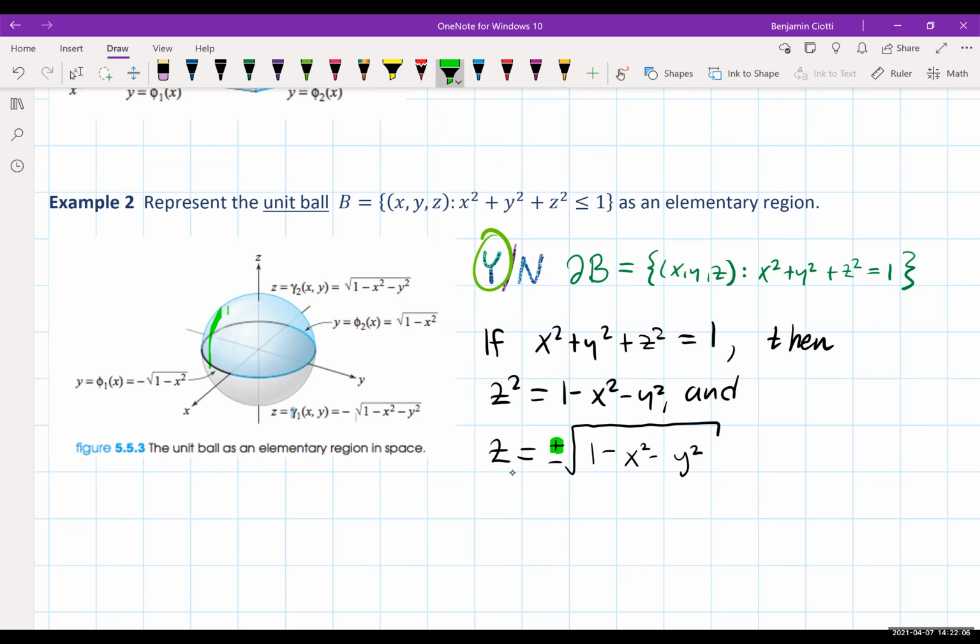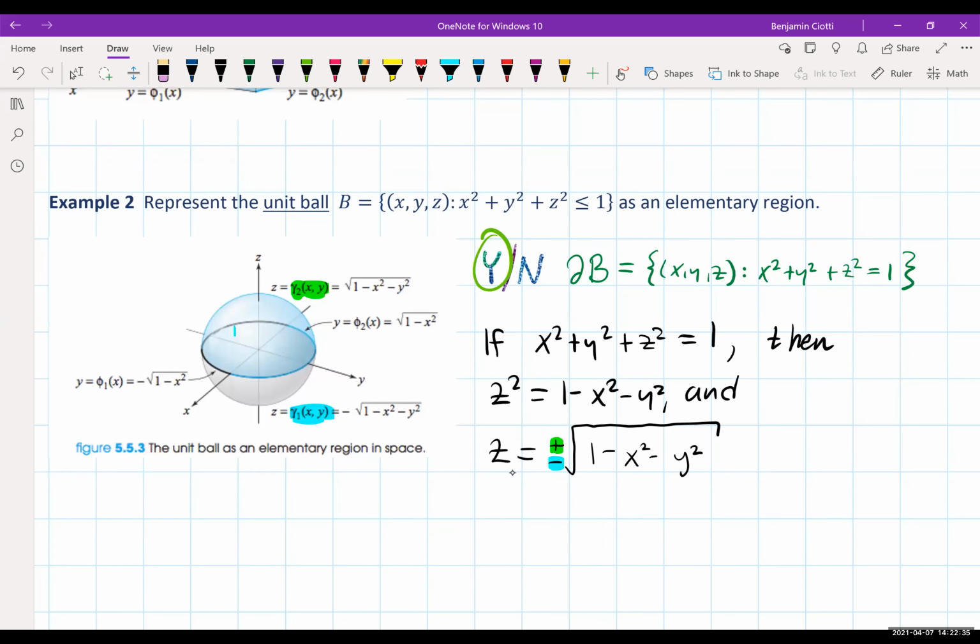That's like the top of the sphere, and we can call that gamma 2. The minus corresponds to the function on the bottom, like the bottom of the sphere, and we can call that gamma 1.